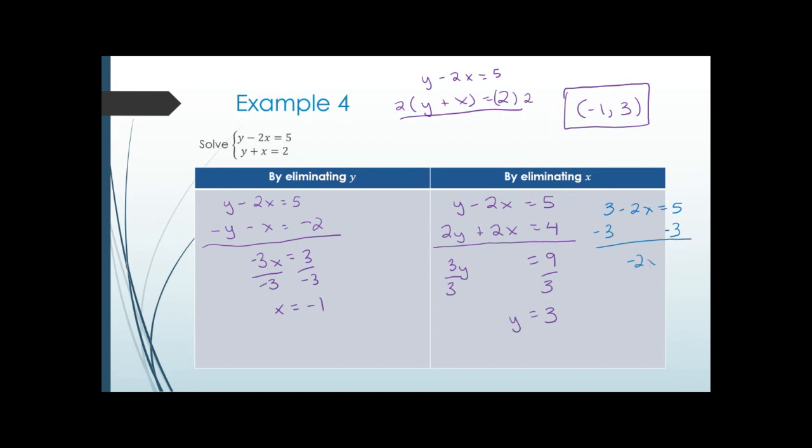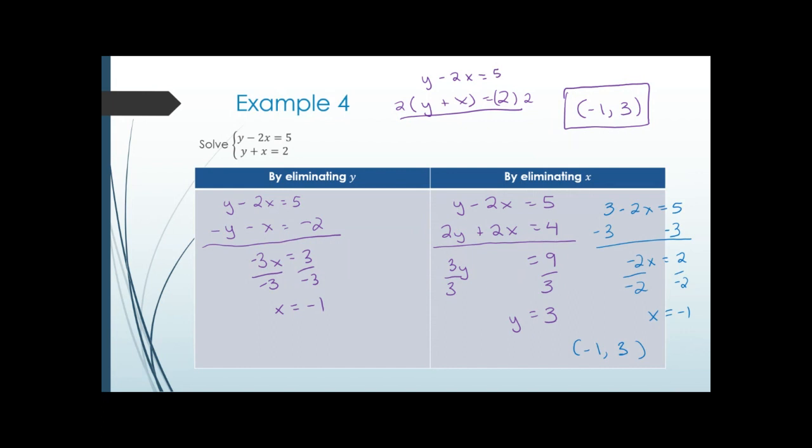I get negative 2x equals 2. And you divide both sides by negative 2. x equals negative 1. And now you've gotten negative 1, 3. So it's essentially the same amount of work there. You're back substituting into the equation and then solving.